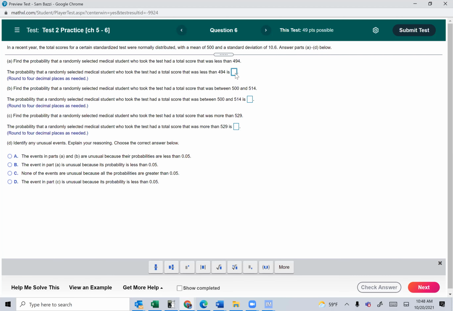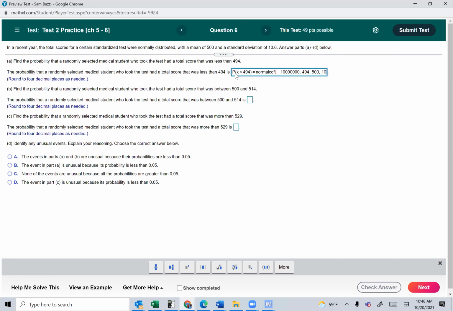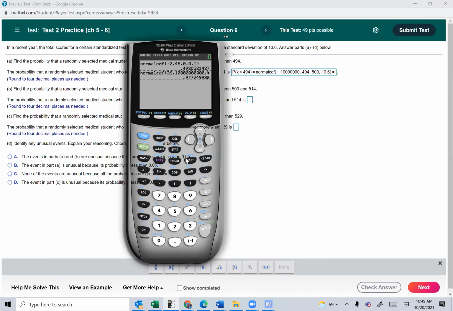So here's how I'd like you to answer this question on your exam paper. You put probability of X less than 494 equals, then you put normal CDF, guys, and then you put the 4 arguments: 494, and then 500, which is the mean, and then the standard deviation. I'm going to do the answer for this one, guys. Normal CDF, negative 1,000,000.